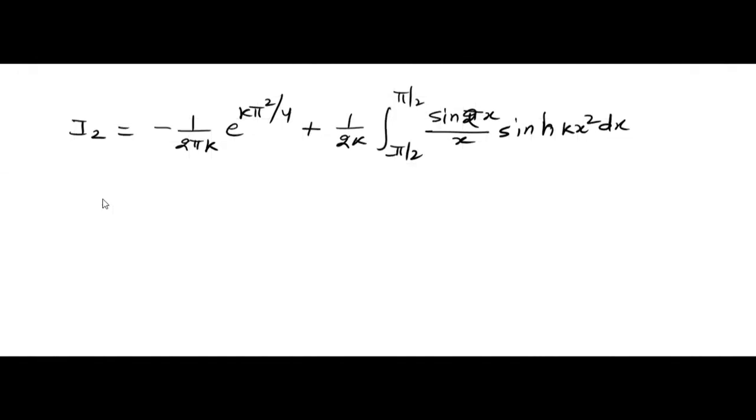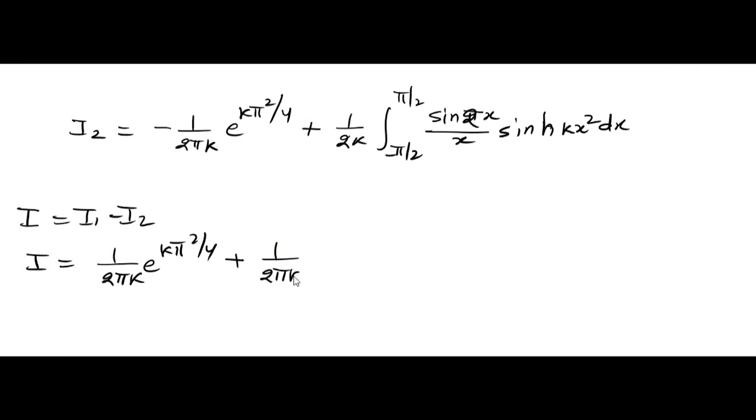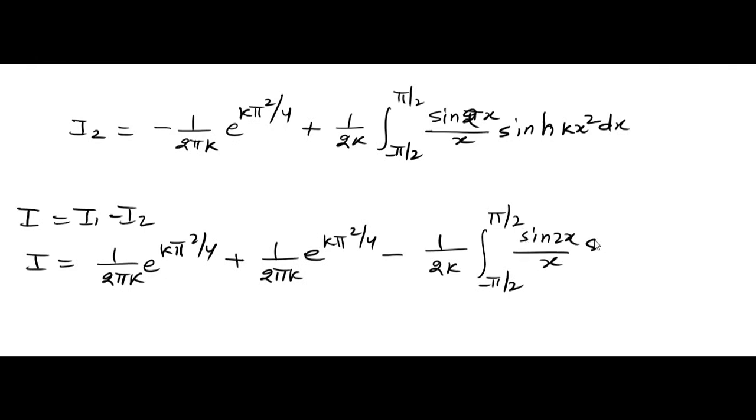Putting this all together, I is equal to I1 minus I2, which will be 1 over 2 pi k e to the k pi square by 4, minus minus will be plus, so plus 1 over 2 pi k e to the k pi square by 4, and minus 1 over 2k integral from minus pi by 2 to pi by 2 of sine 2x by x sinh(k x square) dx.